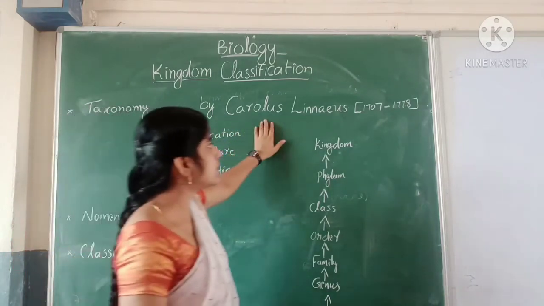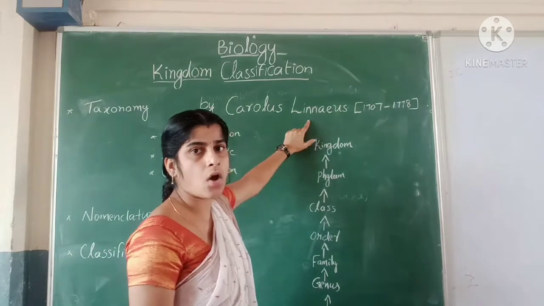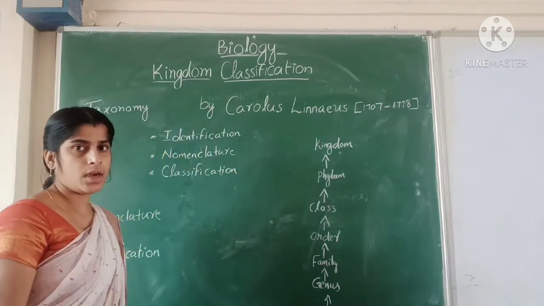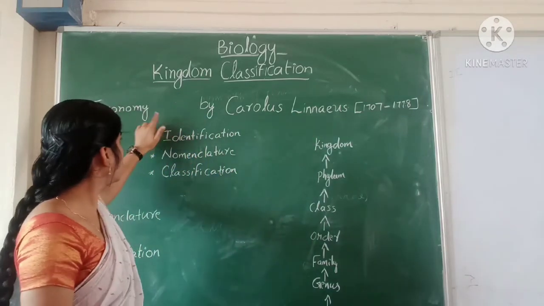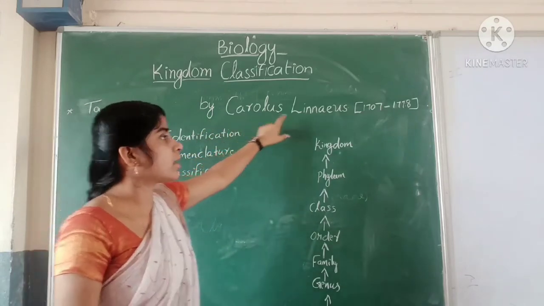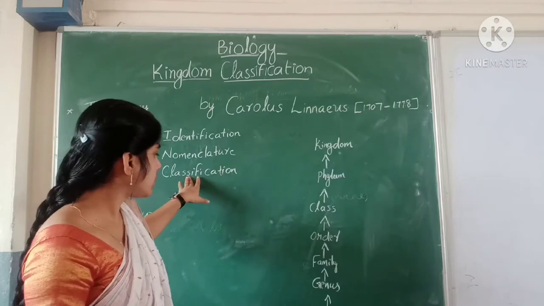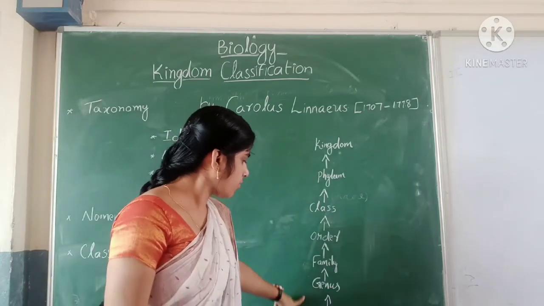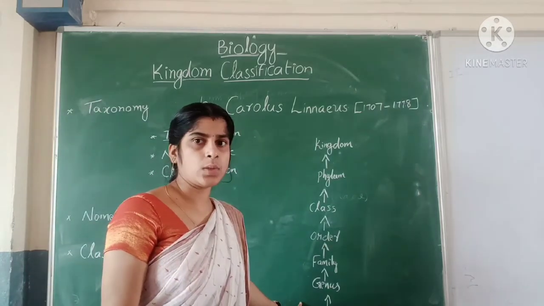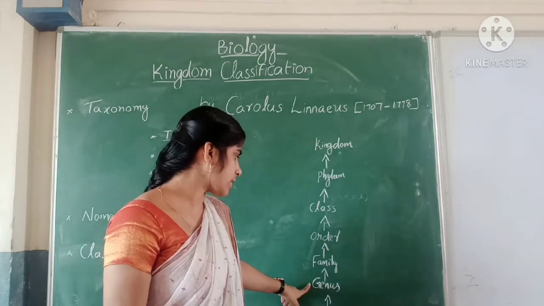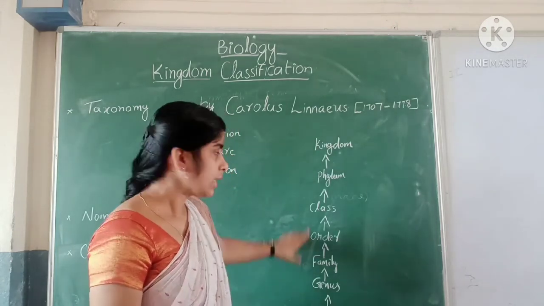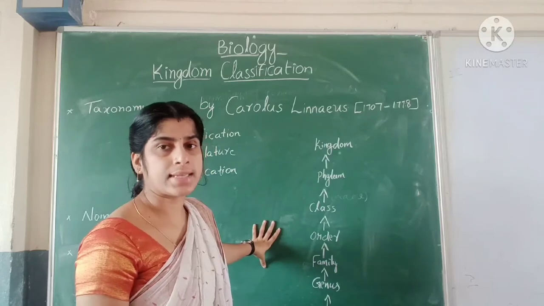So who is the father of taxonomy? Carolus Linnaeus is the father of taxonomy. Next, see, this is the level of classification. Now you heard the words species and genus.